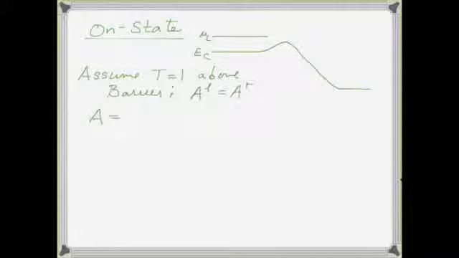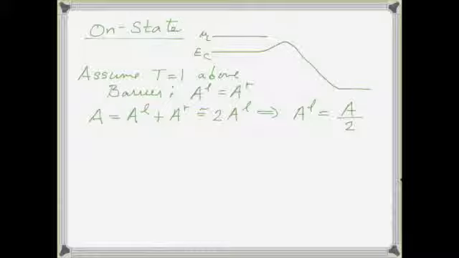I'm just having more or less equal flux. The total spectral function is the sum of the two, which is approximately 2 A left, which means that now in the on state, A left is just A over 2.